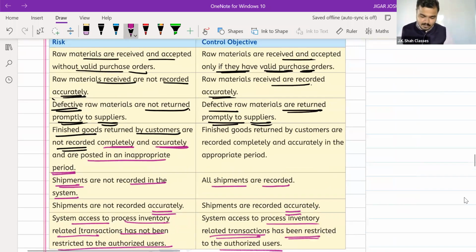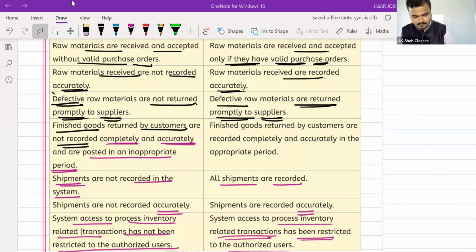Refer to the inventory related risk and control very, very fast, please. Done all, my dear children?